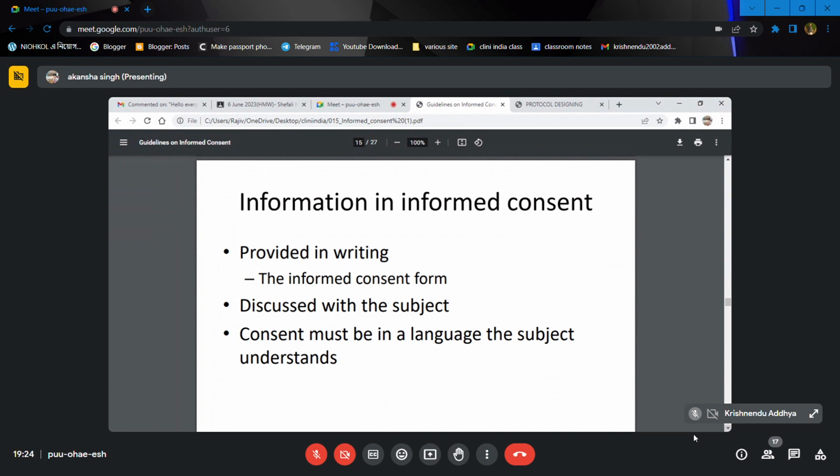If they are conducting some study in the south, it will be written in Tamil or Telugu or Malayalam. We have to explain to them in that language so that they can understand, interpret it, and relate to what the study is all about. Consent must be in the language the subject understands.